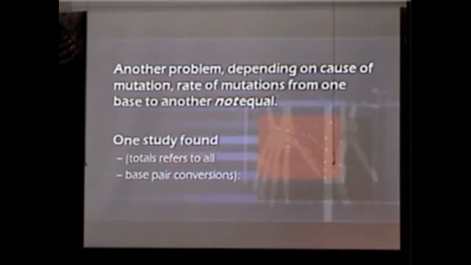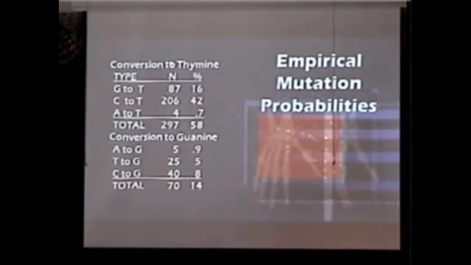And then another problem is that mutation from one base to another is not equal. So one study found, for example, that conversion to thymine was 58% of the total conversions. We got a G to a T, and that occurred 16% of the time. A C to a T, 42%, and an A to a T, 0.7%.